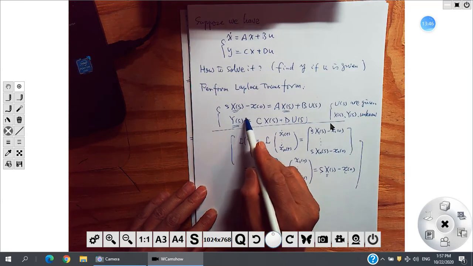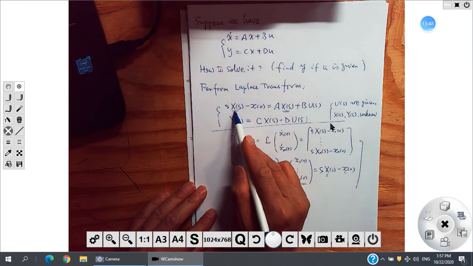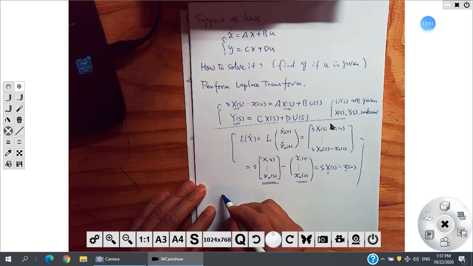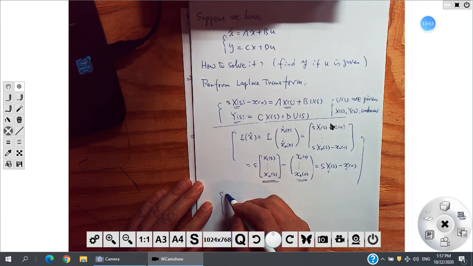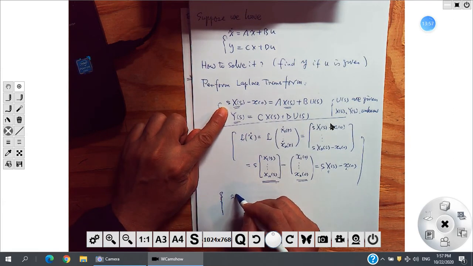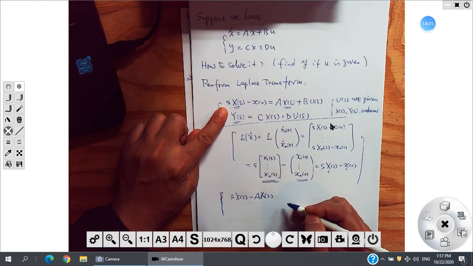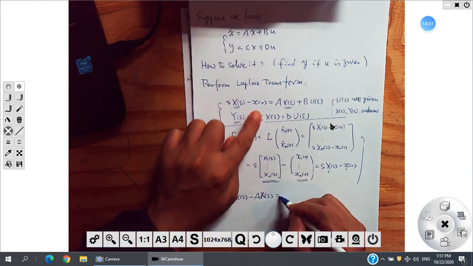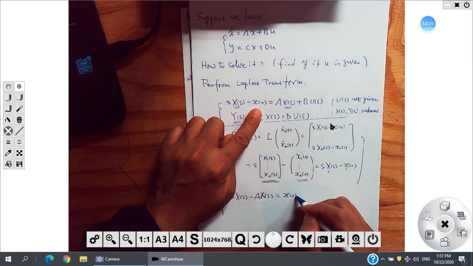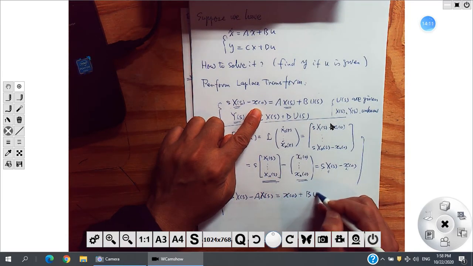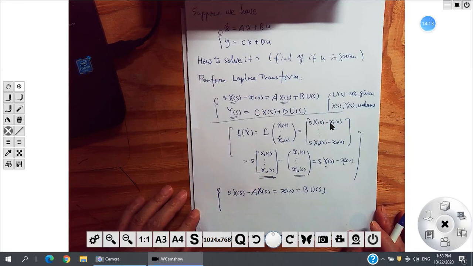Okay, I move the unknown to one side. So we have these two equations. The first one, just the first one, is s times capital X(s) minus A times capital X(s), equal to, I move x0 here, plus B times U(s).